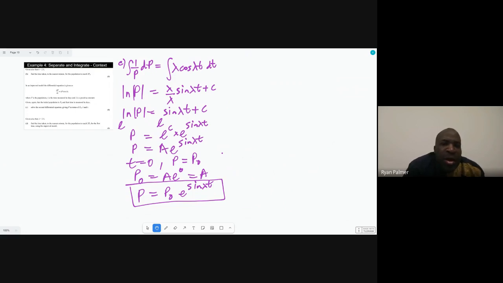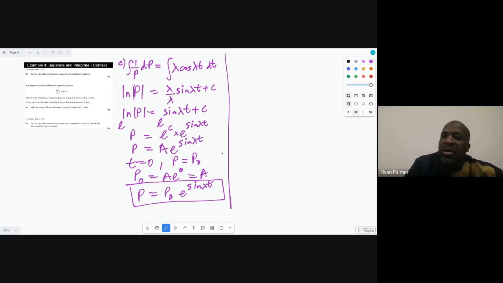Now in part D, we are told that lambda is equal to 2.5. We want to find the time to the nearest minute for the population to reach double its size as before. So for part D, we're going to have 2P naught is equal to P naught e to the sine 2.5T.